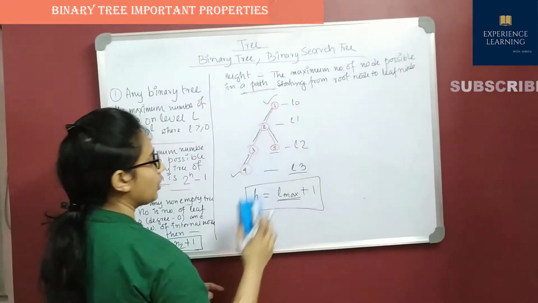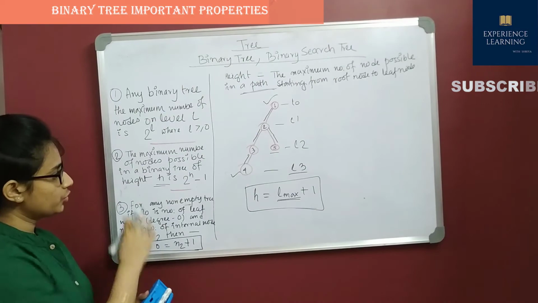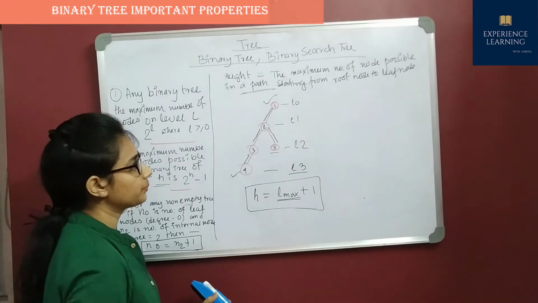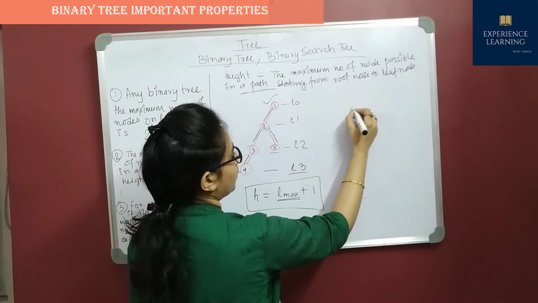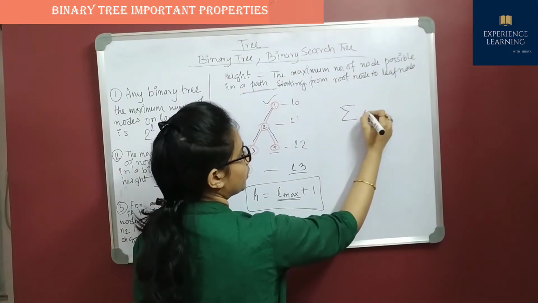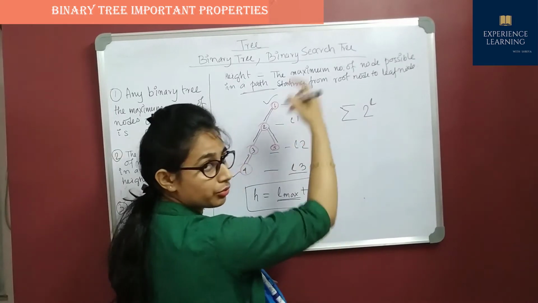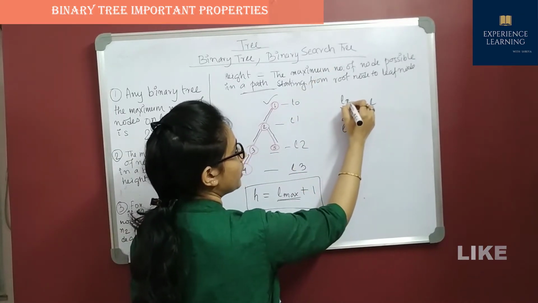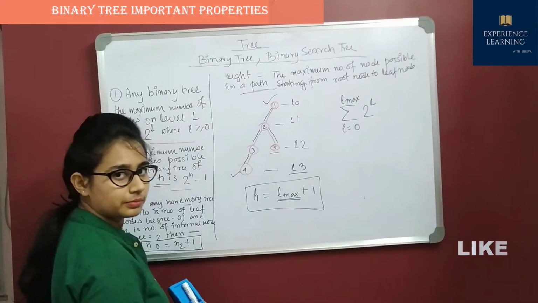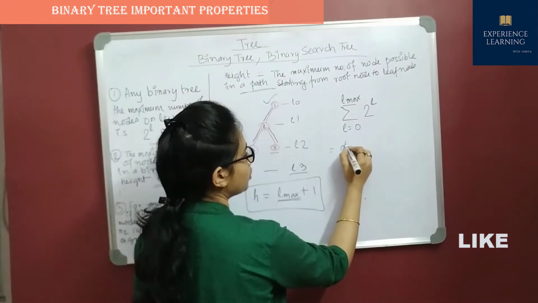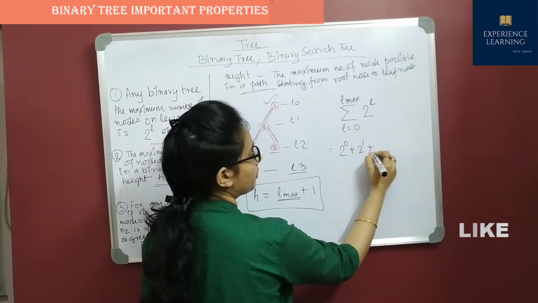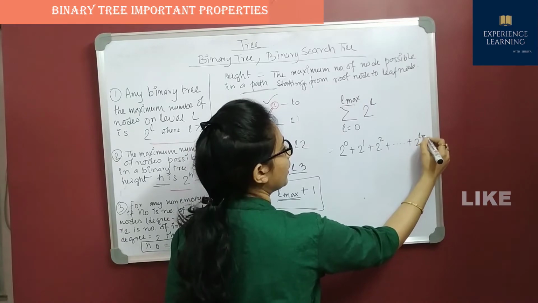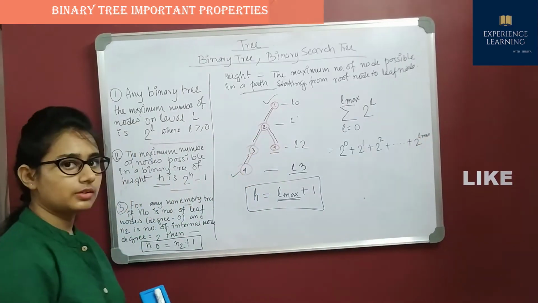Okay, now if you want to derive this, the maximum number of nodes possible is the sum of 2 to the power L, where L goes from 0 to L max. So here I can write 2 to the power 0 plus 2 to the power 1 plus 2 to the power 2 plus up to 2 to the power L max, isn't it?